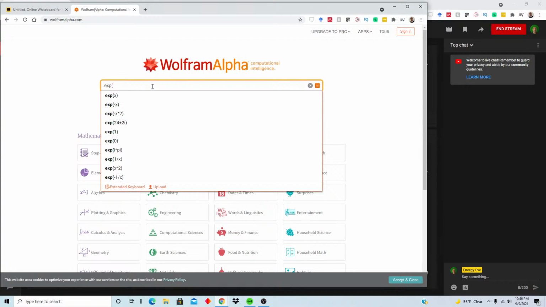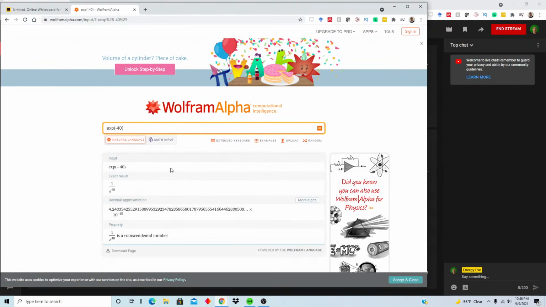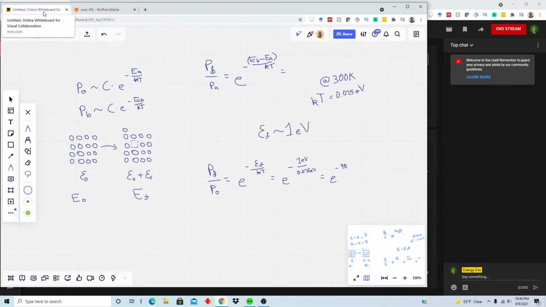Exponential minus 40 is about 4 times 10 to the negative 18. This number is very, very small. But we actually see a good portion of defects. Even though this number is very, very tiny, defects do occur to a large extent.